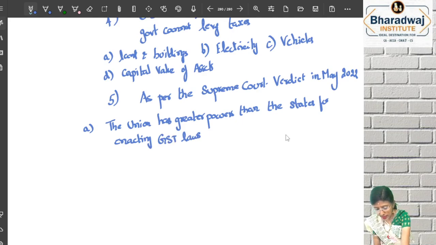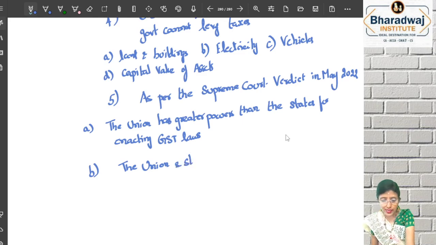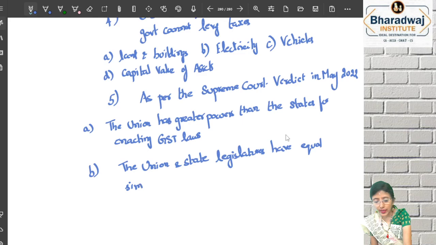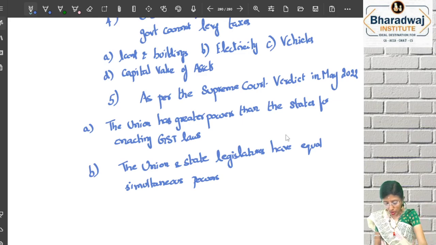Second one, the union and state legislatures have equal simultaneous powers to make laws on GST.